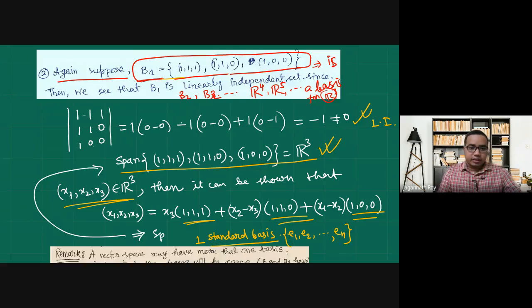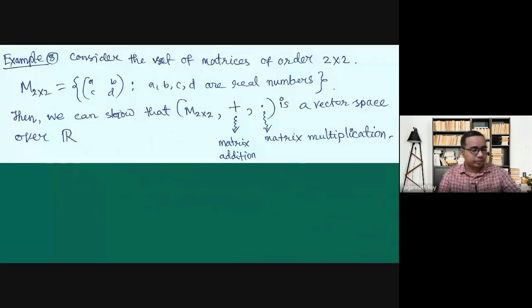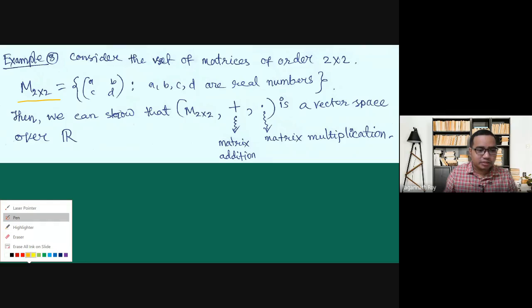Now the next thing: there is another non-trivial vector space.